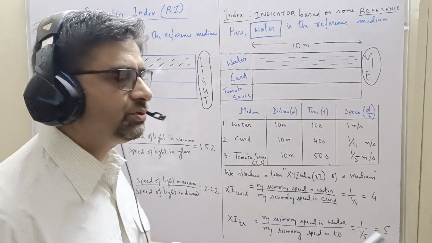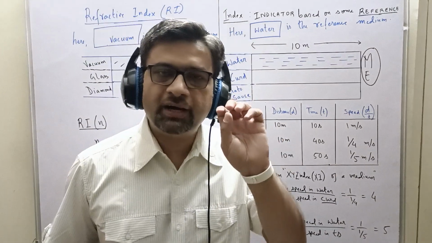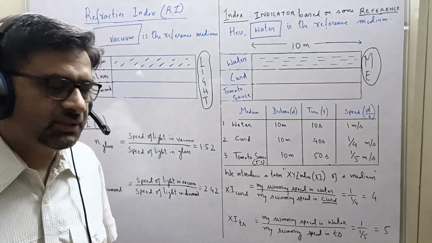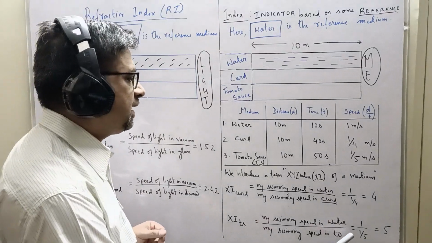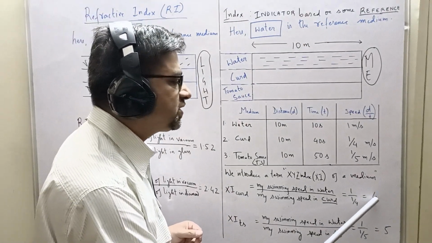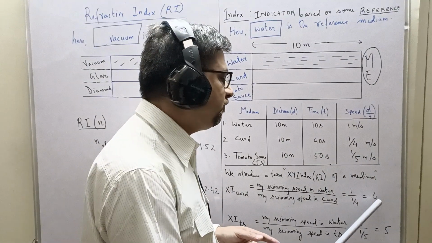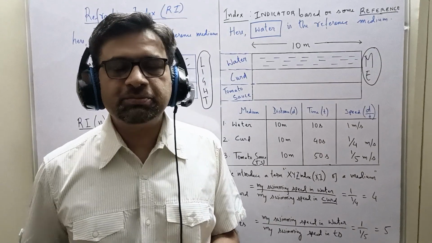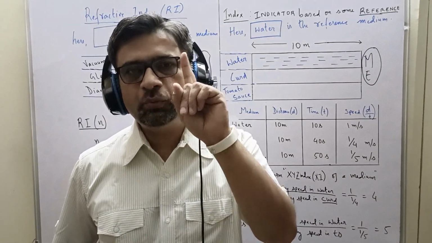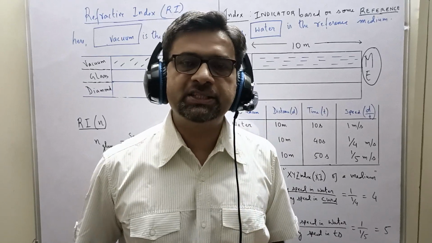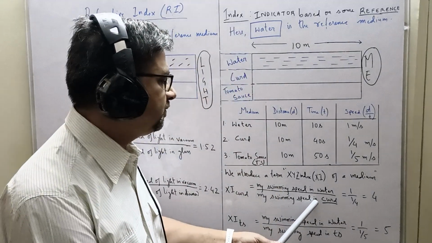Similarly, if I am to calculate my XYZ index in tomato sauce, it comes to 5. Now, what do these numbers 4 and 5 indicate? 4 here tells me that my swimming speed in water, that's the reference medium, is 4 times my swimming speed in curd.